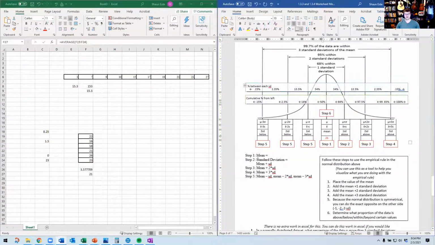Okay, and then step 2. We've got 21, and the standard deviation is going to be 3.5777. Okay, and then we're going to do mean plus the standard deviation.